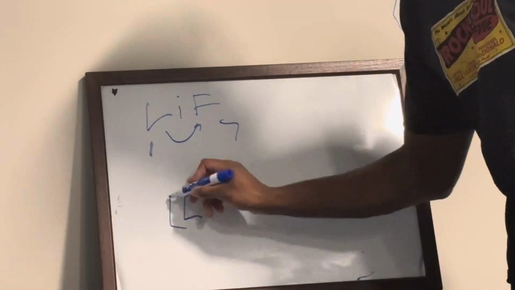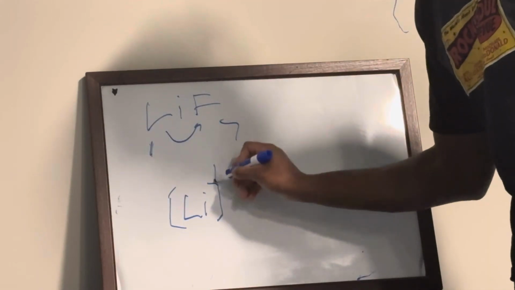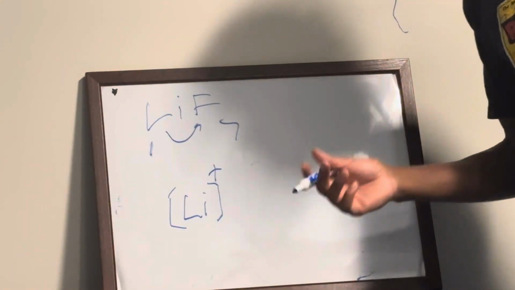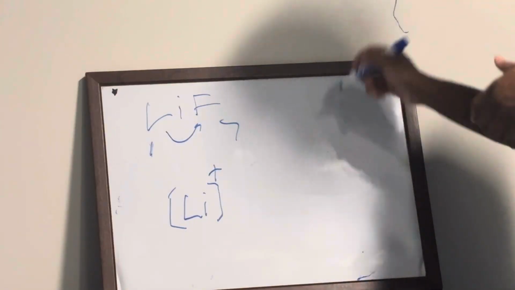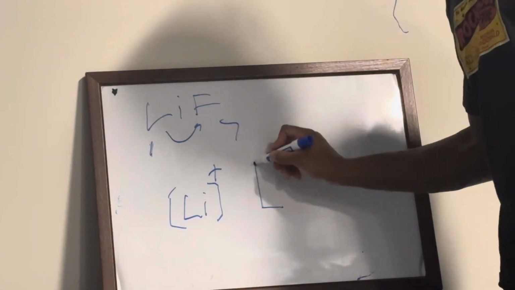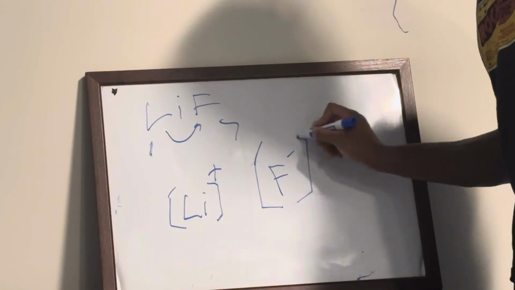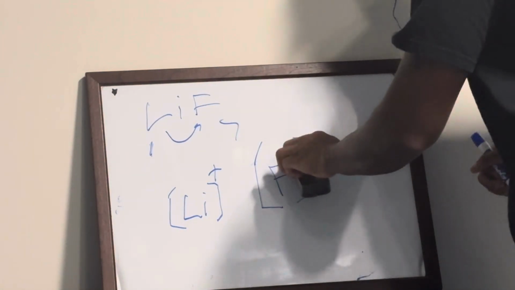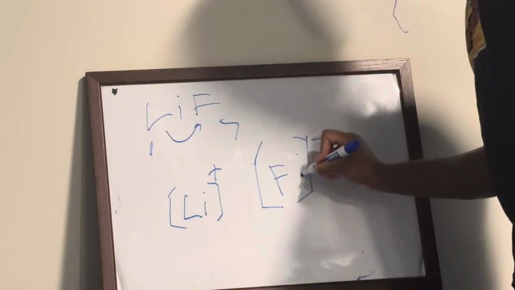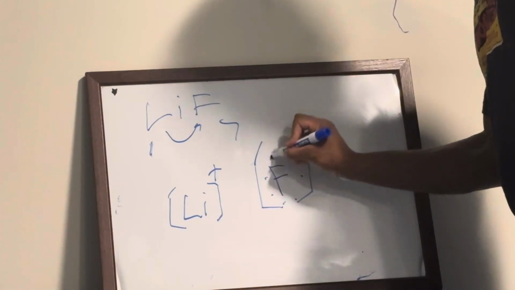So what we could do is Li plus, because the fluorine took its electron, and this just becomes fluorine with 1, 2, 3, 4.